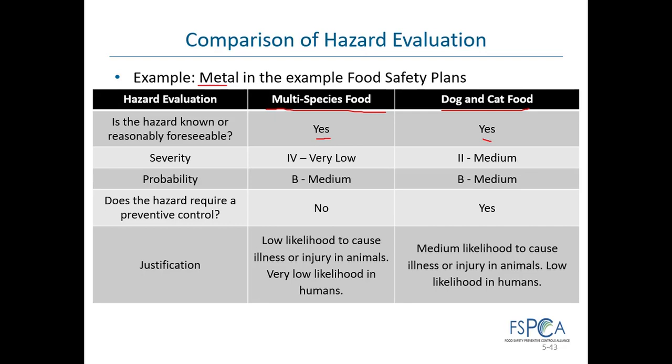So multi-species livestock example said the severity was very low, but dog and cat said the severity is a medium. They both had medium probabilities, but that drove a no answer for the livestock and a yes answer for the pet food, mostly because of the size and physiology of those animals. Okay, so differences in severity given different facilities. We saw an example of different probabilities given different facilities.